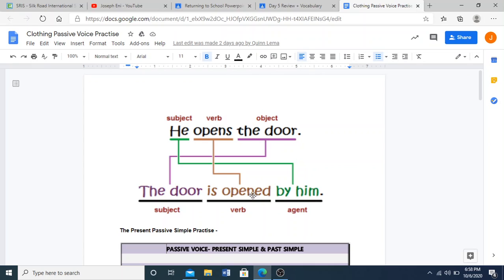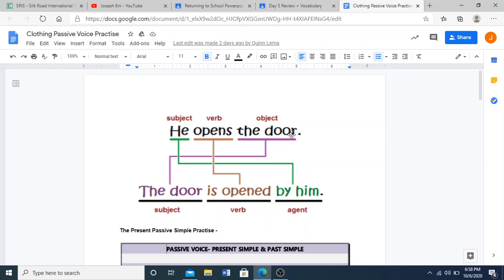So whenever we want to write such a thing in passive, remember, what comes first is that this object becomes the subject, and the subject becomes the object, and you introduce the word by to show the agent that does the action.